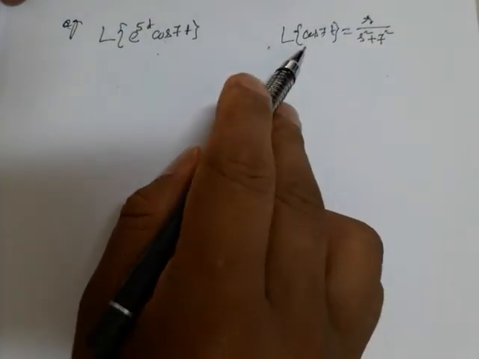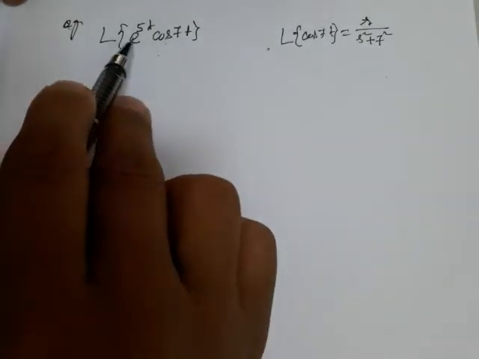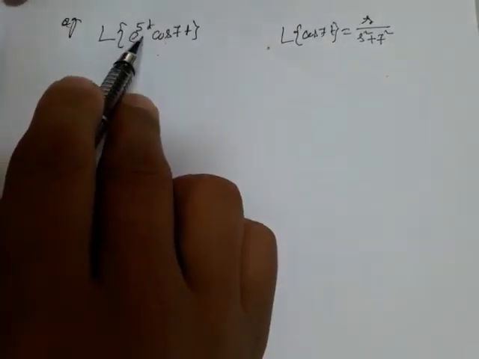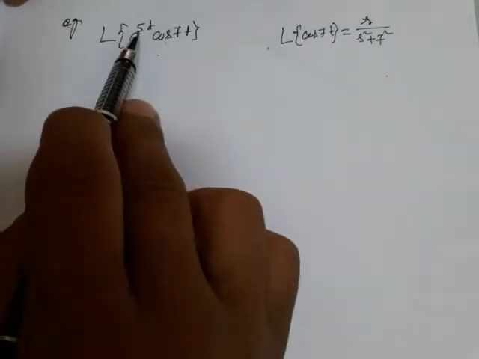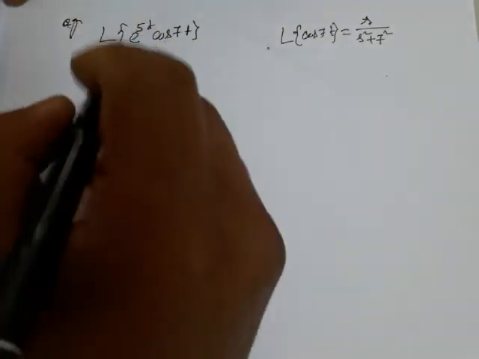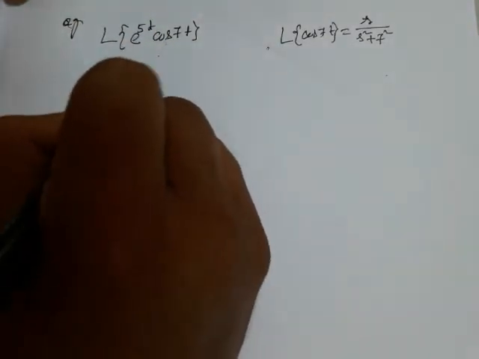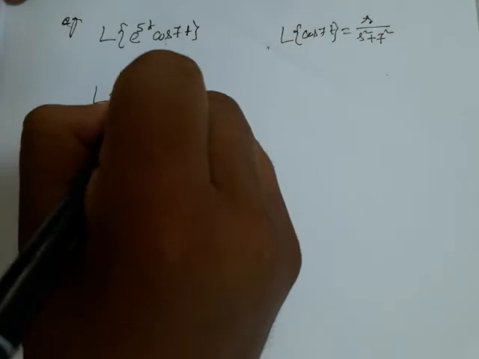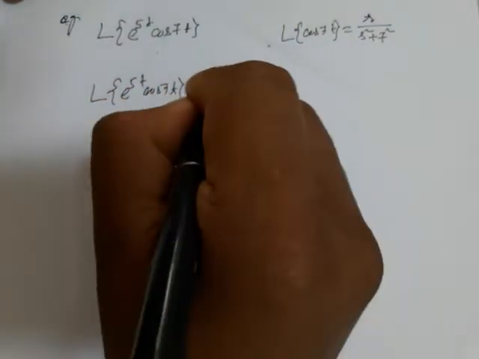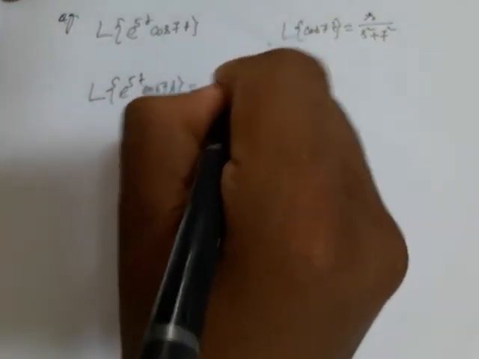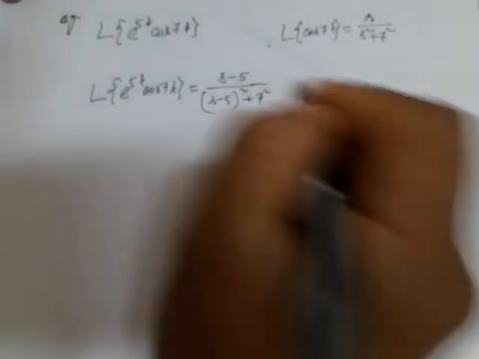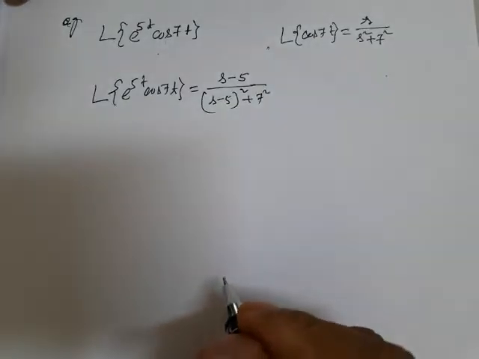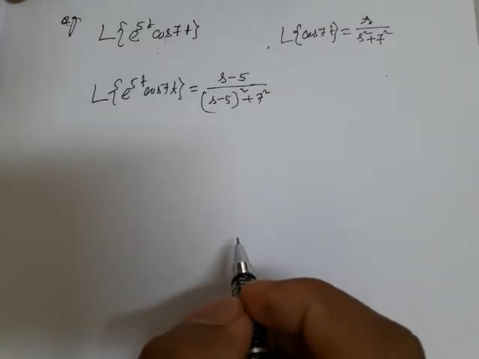Now as it is multiplied by e^(5t), all s in the right hand side will be replaced by s minus 5. So L{e^(5t) cos 7t} equals (s minus 5) by (s minus 5) whole square plus 7 square. This is the application of the shifting property.